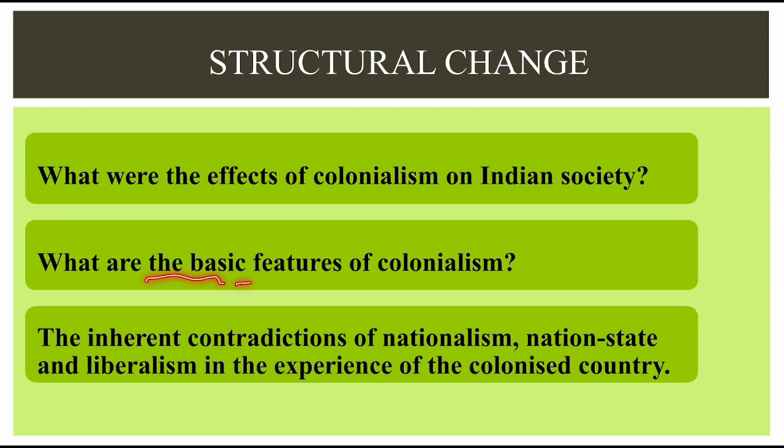So the question is, what are the basic features of colonialism? Well, first and foremost, it is an economic system where the means of production are privately owned and profit making is the sole criterion. It is the system of capitalism, so to speak. Capitalism was basically an unprecedented plunder of wealth and resources of the colonies under the colonial rulers.